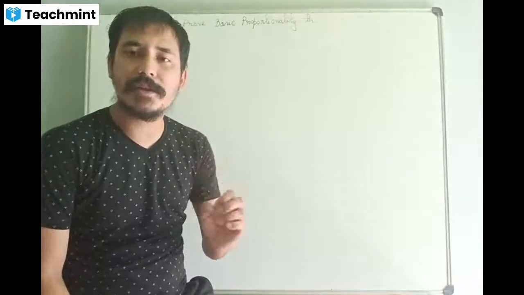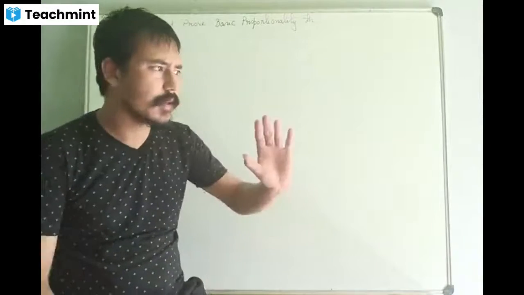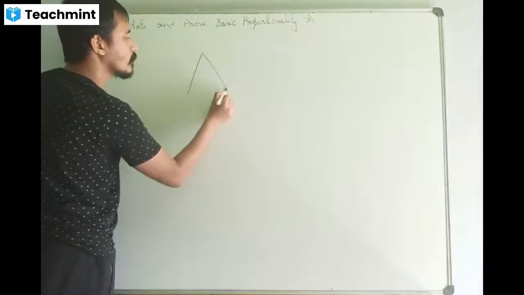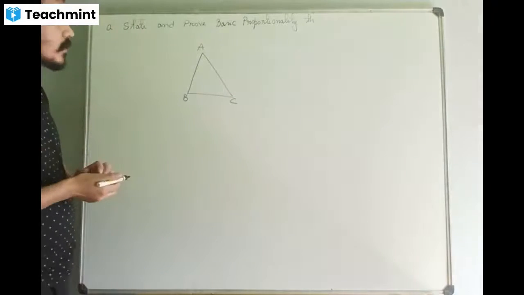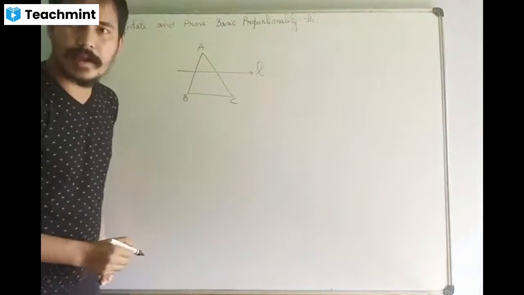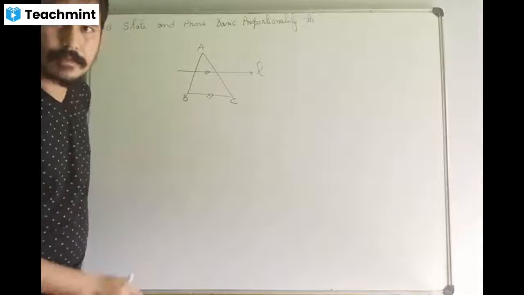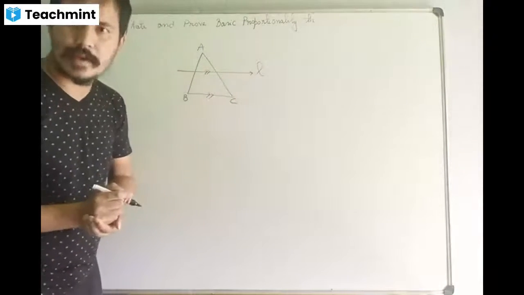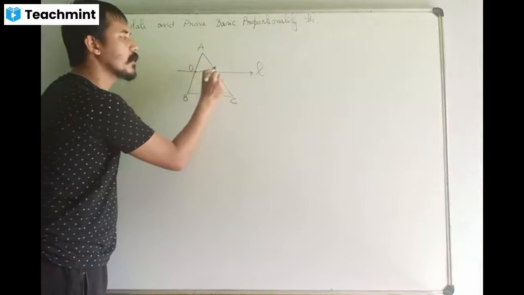So what does this basic proportionality theorem say? It says that in a triangle, say ABC, if a line is drawn parallel to one side of the triangle, intersecting the other 2 sides at 2 different points.